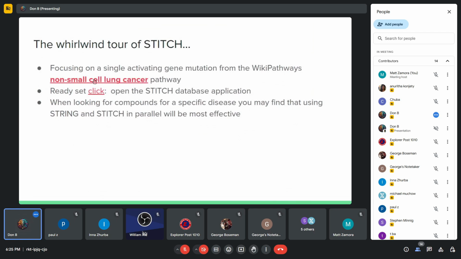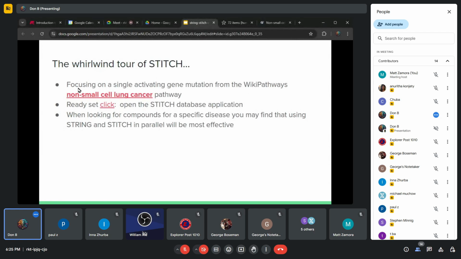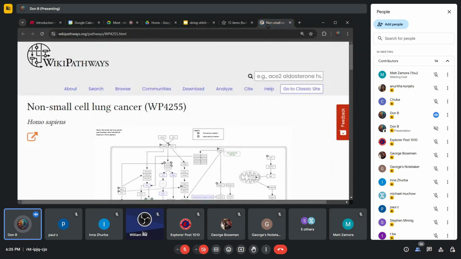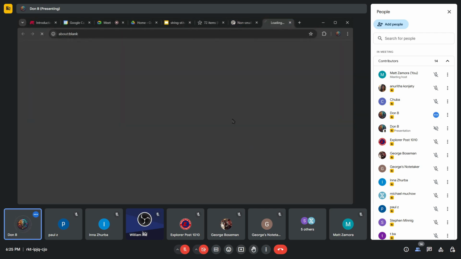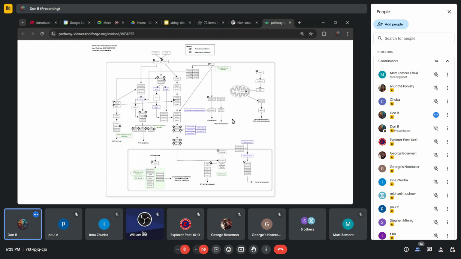So, yeah, the quick whirlwind tour of Stitch. And my context for digging into this was that we had a challenge of trying to figure out what the pathways were and what the key entry points of the pathway were, where certain pathways can be compromised.